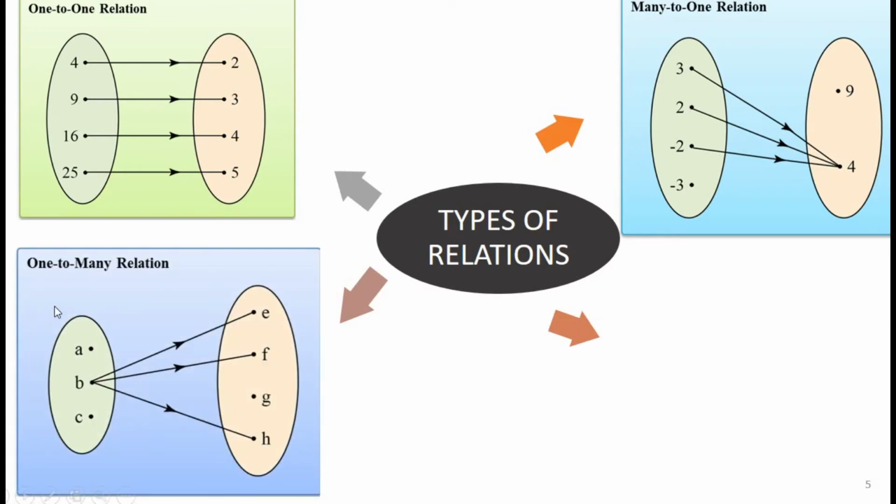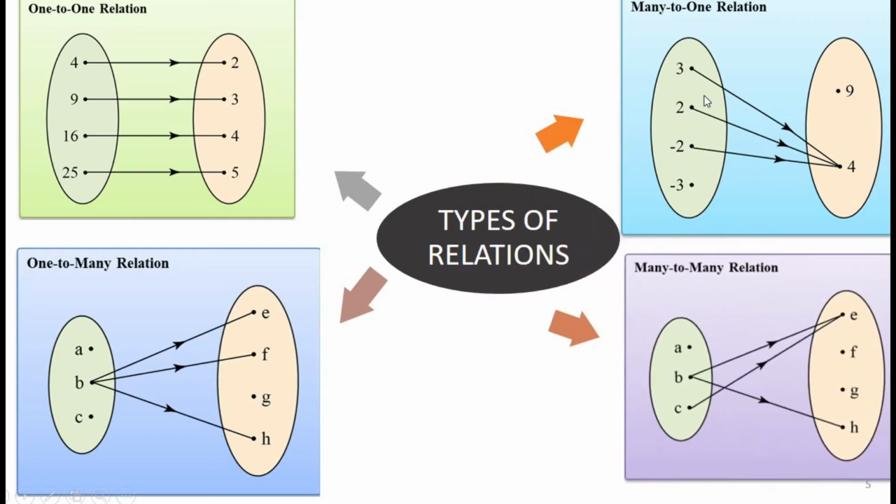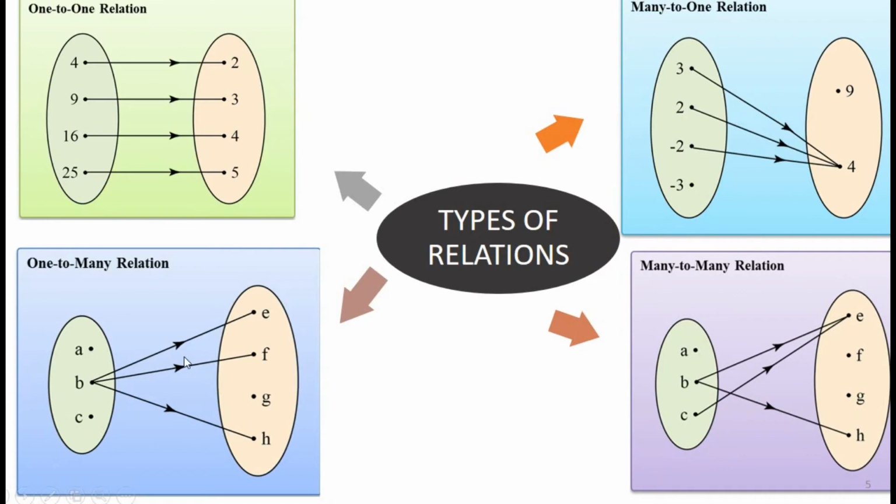And then we have one-to-many relation. So meaning that one object from set X will map to many images in set Y. And the combination of many-to-one and one-to-many relation, we have the fourth type of relation, that is many-to-many relation.